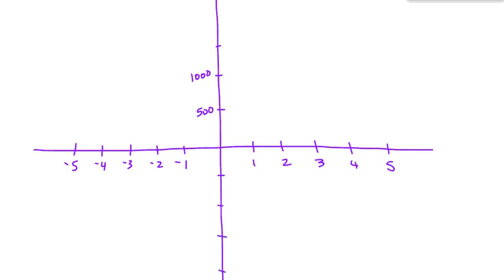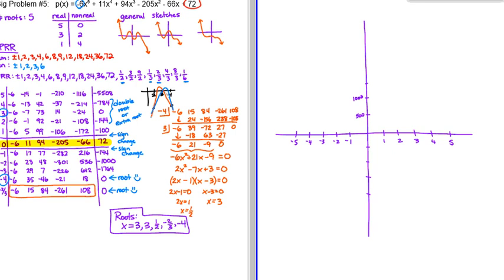Okay. So make sure you plot all your roots. So we have x equals 3. We have x equals 1/2. We have x equals negative 2/3. And we have x equals negative 4.